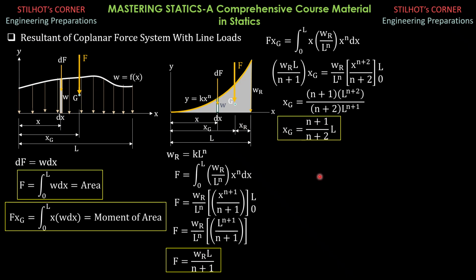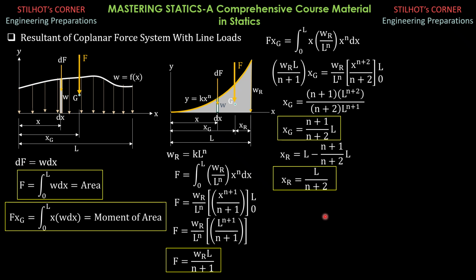But this is also a very easy to remember formula because we have n plus 1 over n plus 2, then times L. So xR is L minus xg, and xg is n plus 1 over n plus 2 times L. So we have Ln plus 2L, minus Ln, so Ln will be cancelled, minus L. So 2L minus L is L divided by n plus 2. So xR is simply L over n plus 2.